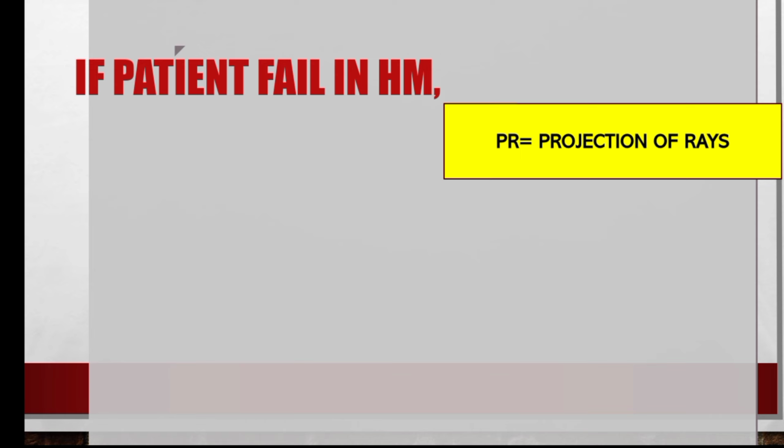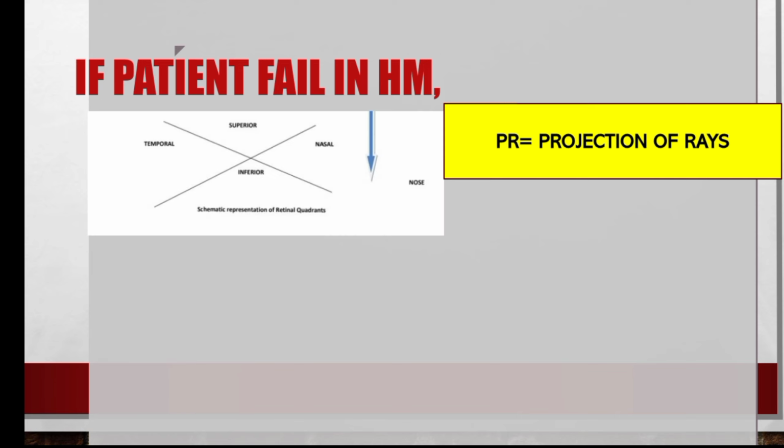Now if the patient even fails or cannot tell hand movement, then the next procedure is projection of rays, clinically called PR. Projection of rays is done with a pen torch light. In front of the patient, we project the pen torch in four directions: superior, inferior, temporal, and nasal.